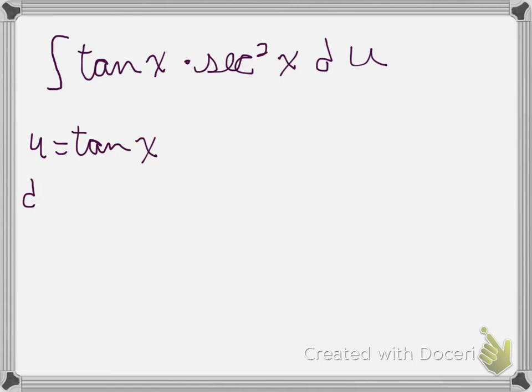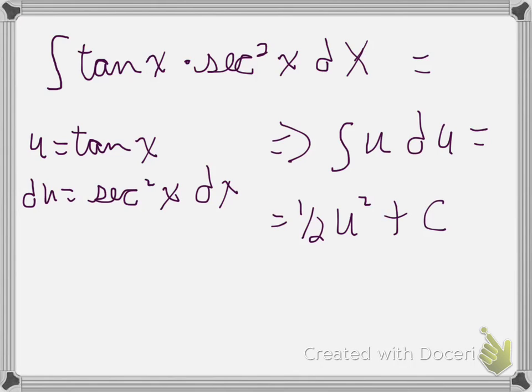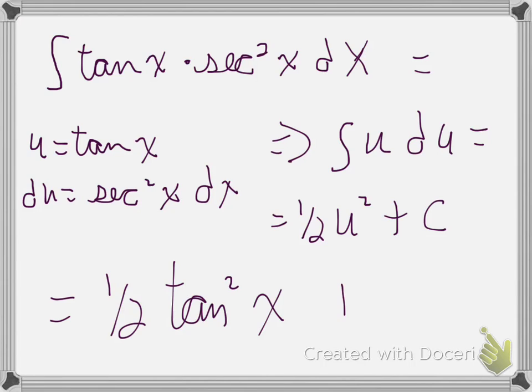If I take the derivative of the tangent, I get secant squared. Now, that makes this integral become the integral of u du, which is 1/2 u squared plus c, which is 1/2 times the tangent squared of x plus c.